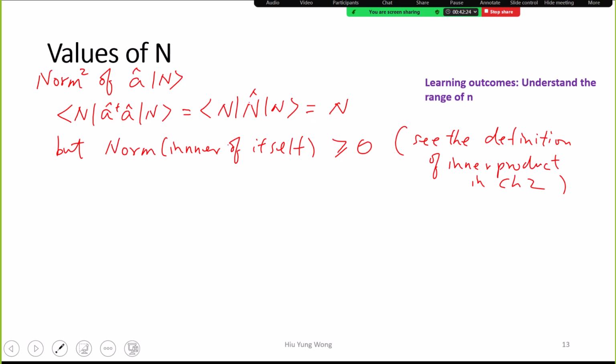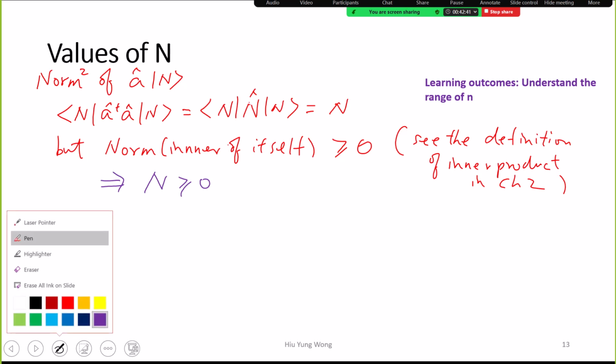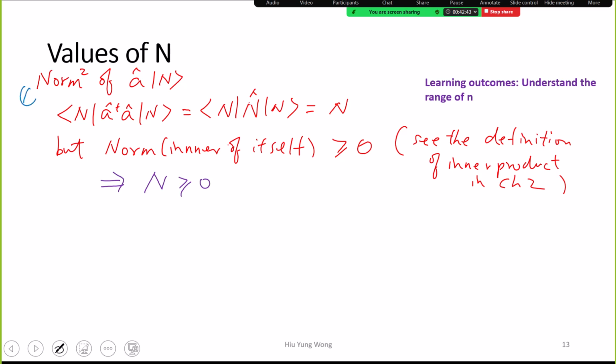Now, the norm is equal to n, right? Then what does it mean? It means n must be larger than or equal to 0. You cannot have negative n, which is good. That is aligned with our expectation. However, can it be a non-integer?